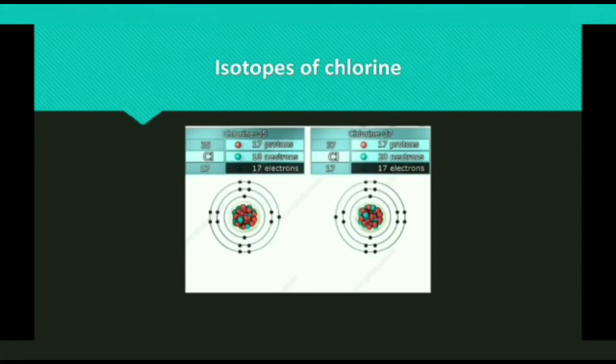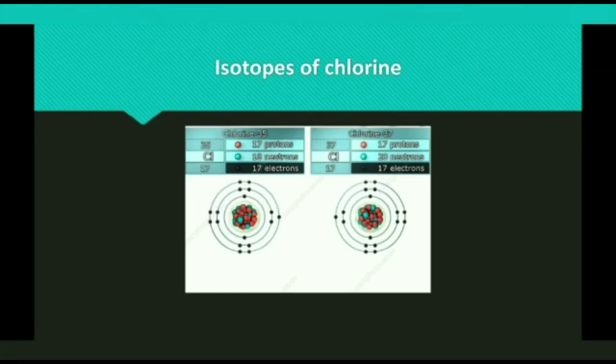In the second one, chlorine-17-37, the atomic number is the same, but the mass number differs: one is 35 and the other is 37. So in the second one, there are 17 protons, 20 neutrons and 17 electrons.